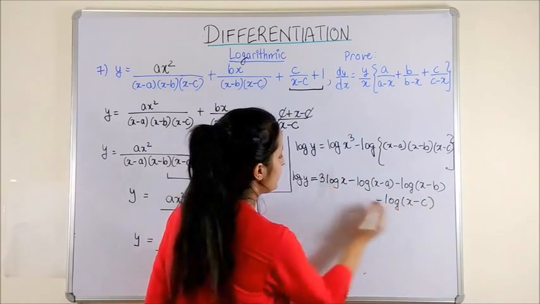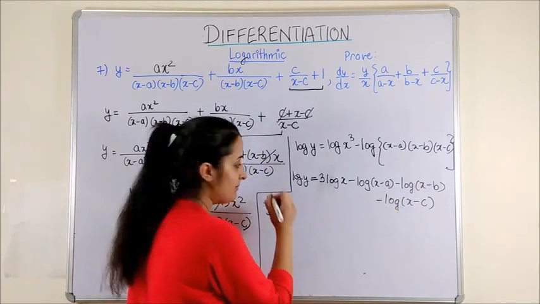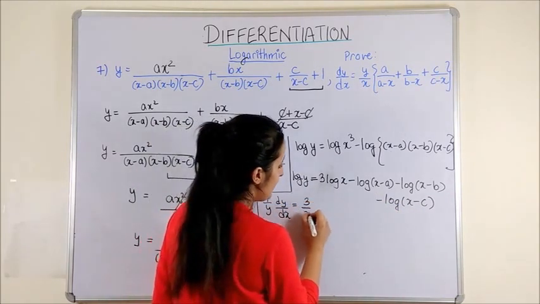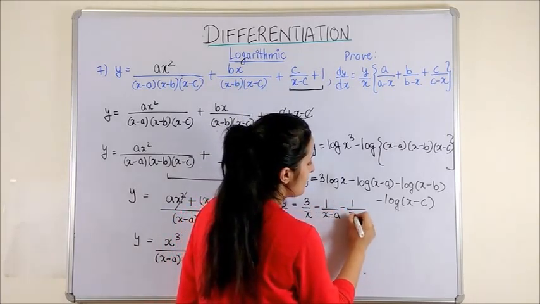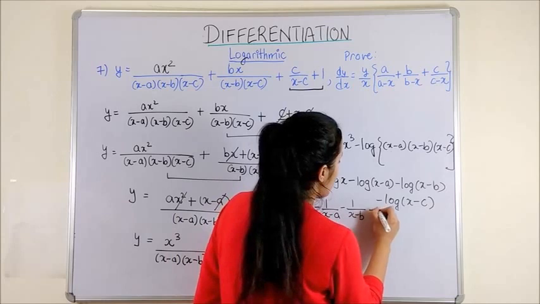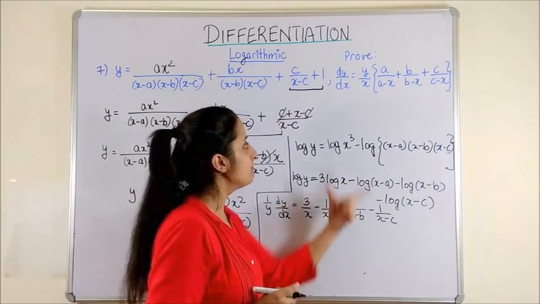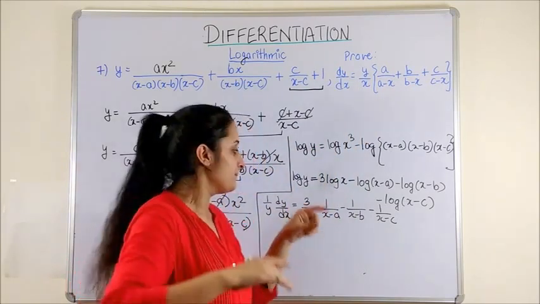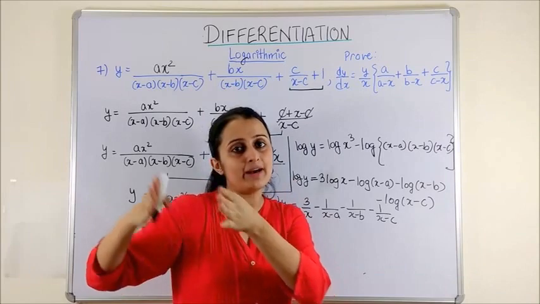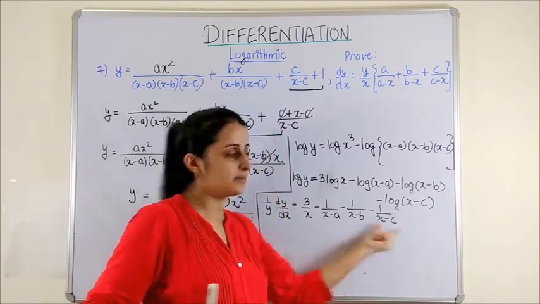On differentiating this with respect to x on both sides, you get 1 upon y into dy by dx is equal to 3 by x minus 1 upon x minus a minus 1 upon x minus b minus 1 upon x minus c. Further, in order to bring it into this format, my 3 by x could be broken into 1 by x, 1 by x, 1 by x and taken with each of the terms.